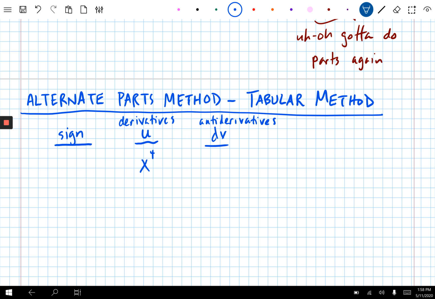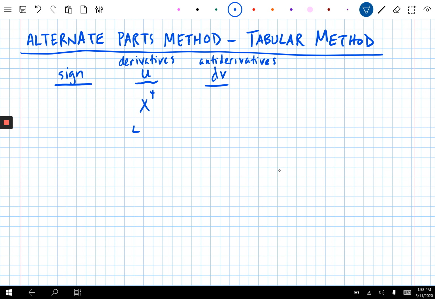Then I start finding derivatives of that. You got 4x to the 3rd, 12x squared, 24x, then 24, and then you get 0. So anything past that, you're going to get 0 all the way down, right? The sign is just going to alternate starting with plus: plus, minus, plus, minus, plus, minus.